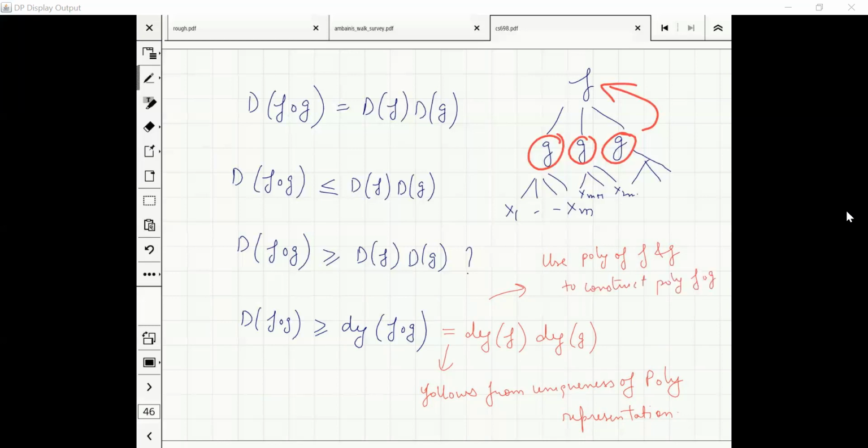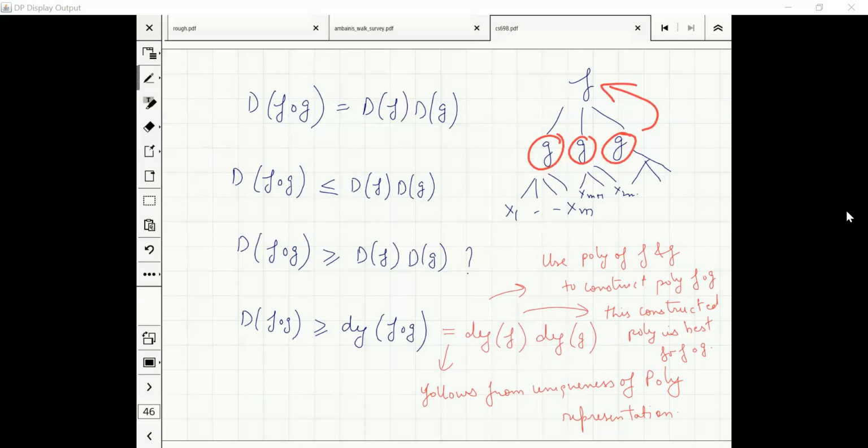Then the next point is that this constructed polynomial is the best polynomial. Why is this best for f composed with g? Because there is only one polynomial. We know that there's only one polynomial which can represent f composed with g. So once we have constructed the polynomial, that has to be best for f composed with g. And this is easy.